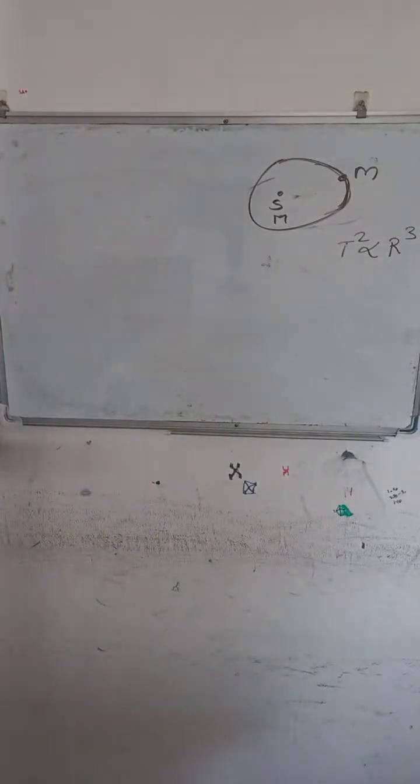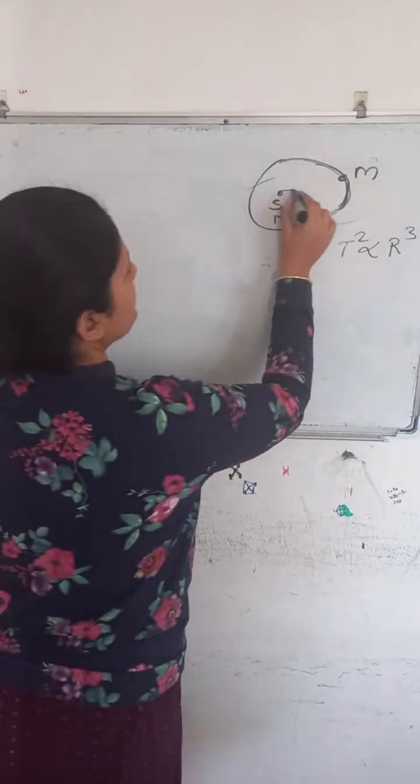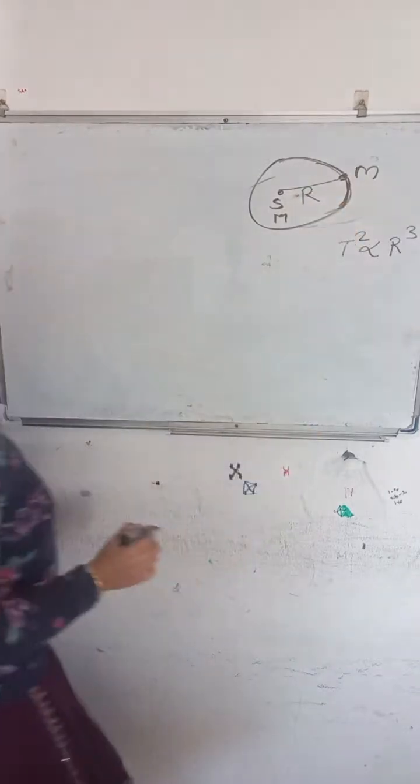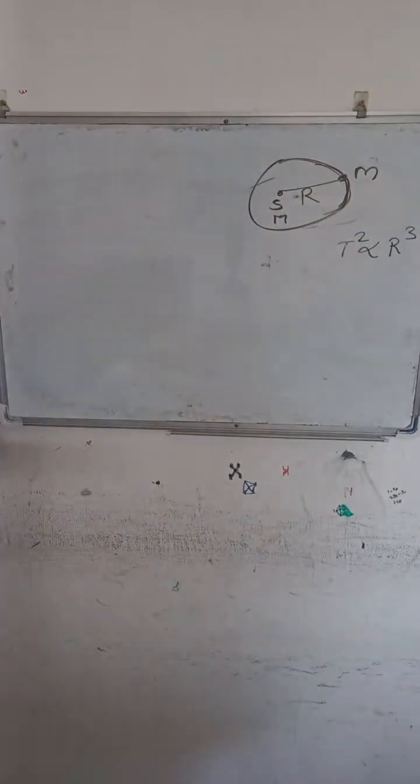The radius of this elliptical orbit is capital R. As the planets are revolving around the sun, centripetal force is responsible. And as they maintain the distance between them, no planet is attracted into the sun. Without any disturbance, they rotate in a circular or elliptical orbit.